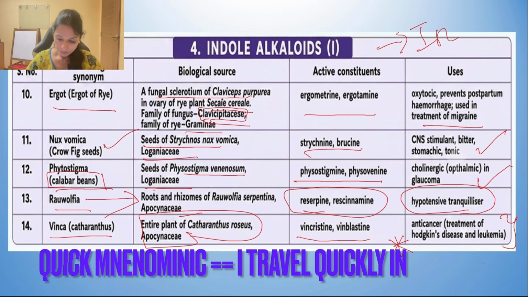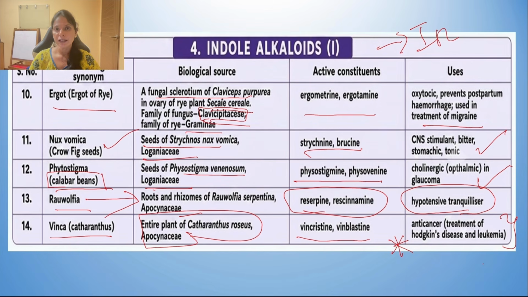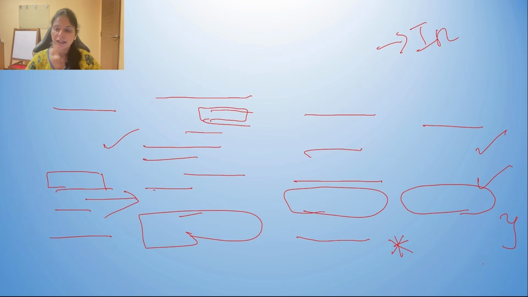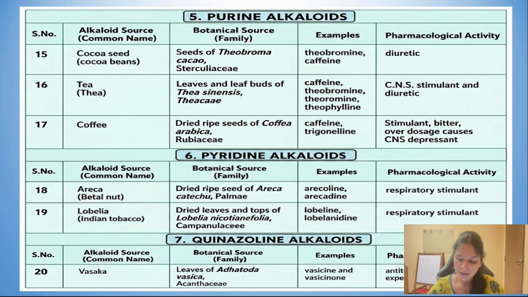So here, as mentioned earlier, we have isoquinoline alkaloids, tropane alkaloids, quinoline alkaloids, indole alkaloids, purine alkaloids and pyridine alkaloids. Before going further, we'll see the purine examples quickly: cocoa seed, tea, coffee.